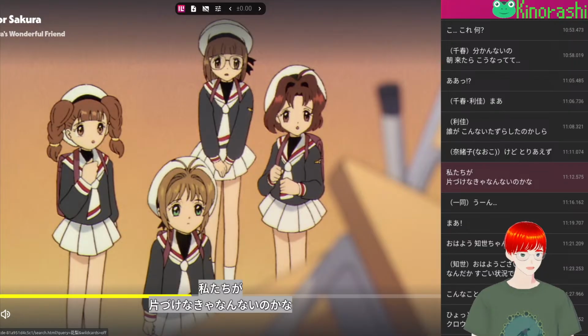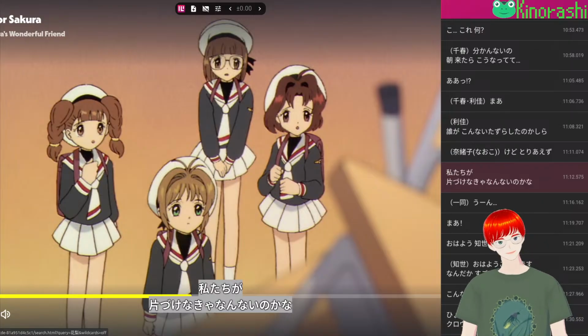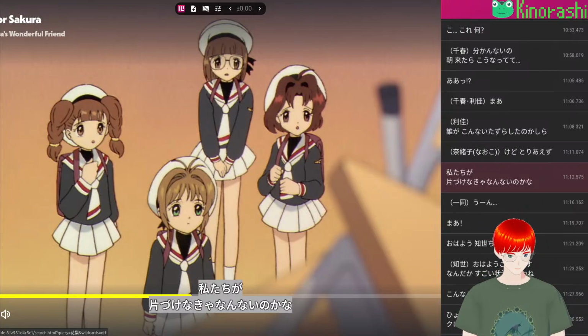So next, nanai. This is the negative form of the verb aru, to exist. Nanai is a colloquial form, and nai is negative, so nanai means does not exist.